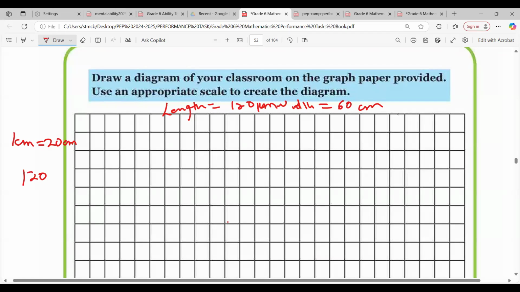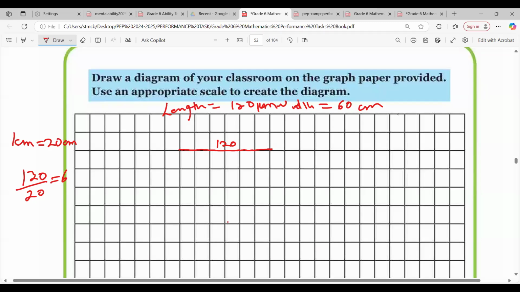So that would be 6 units. All right. So across, guys, this is the part that I want us to understand. It will be 6 across. 1, 2, 3, 4, 5, 6. So this will basically be 6 of the units, but it represents 120 because one of them represents 20.